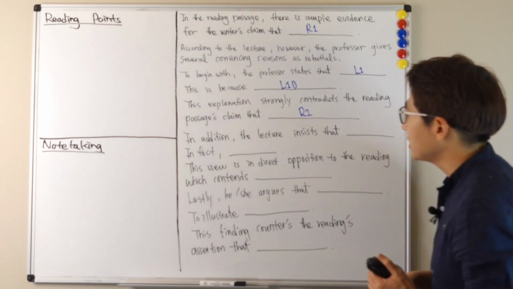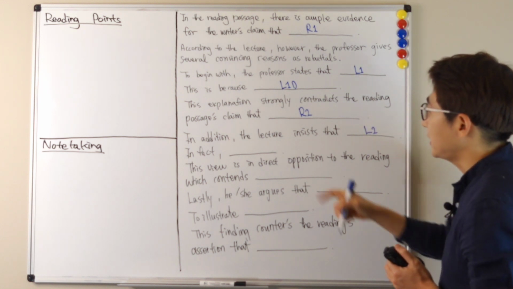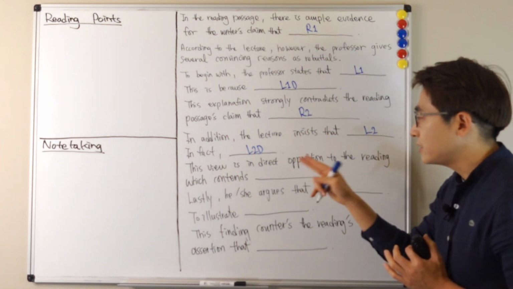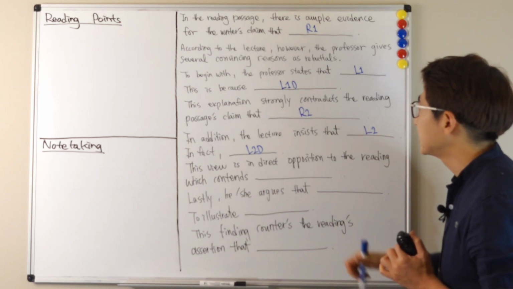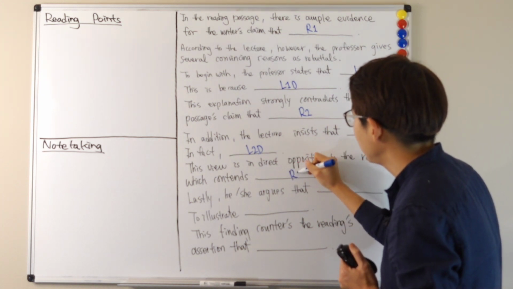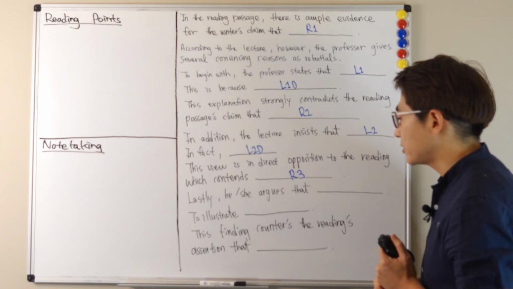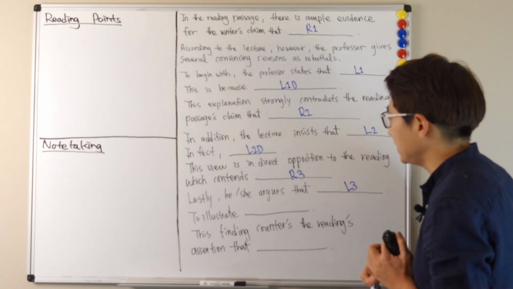In addition, the lecturer insists that L2. In fact, L2D. This view is in direct opposition to the reading which contains, here we put R3. And lastly, he or she argues that here we put L3.